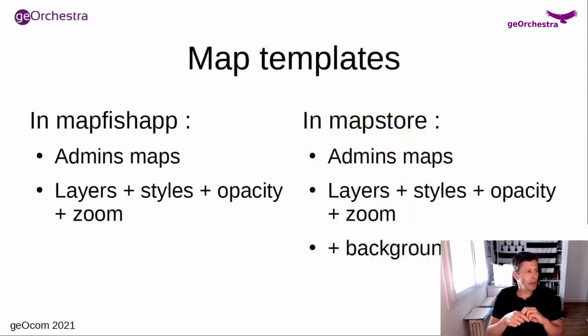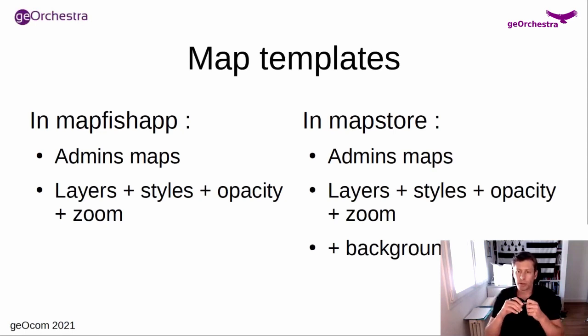Map templates. In MapFishApp, map templates are maps created by the administrators and put in the small window, which offers customers a quick way to add or load data in their map. A map in MapFishApp is a list of layers, the styles of the layers, the opacity of the layers, and the bounding box, the zoom.